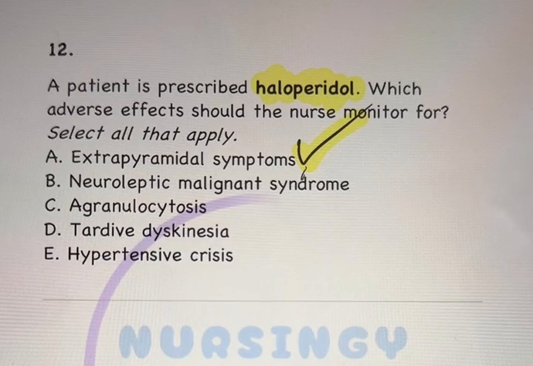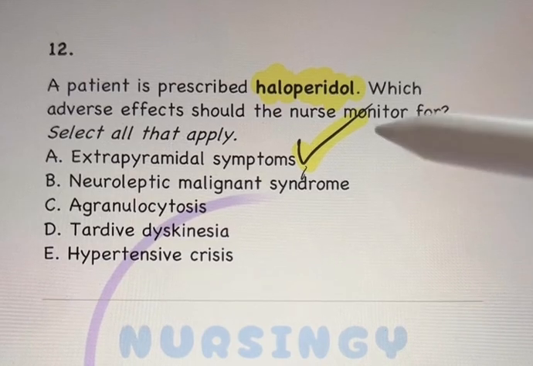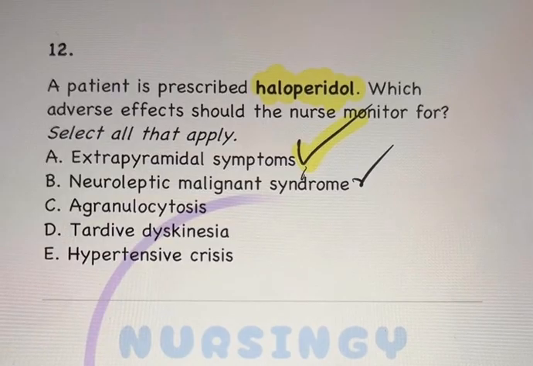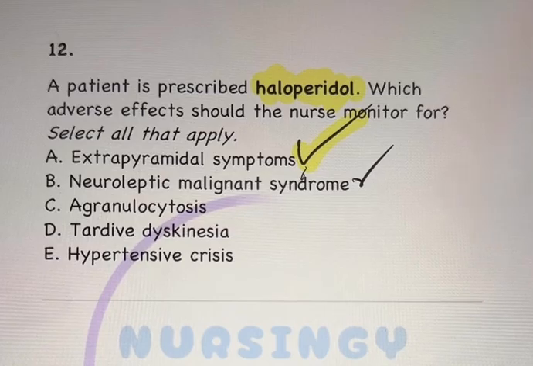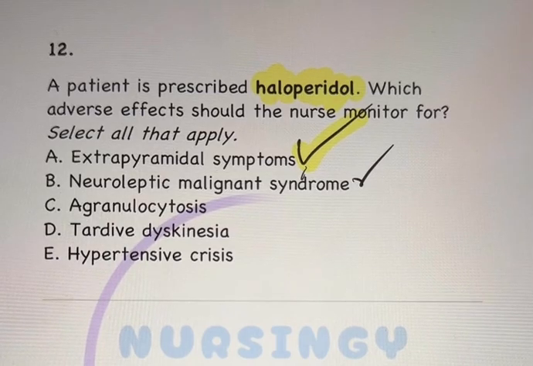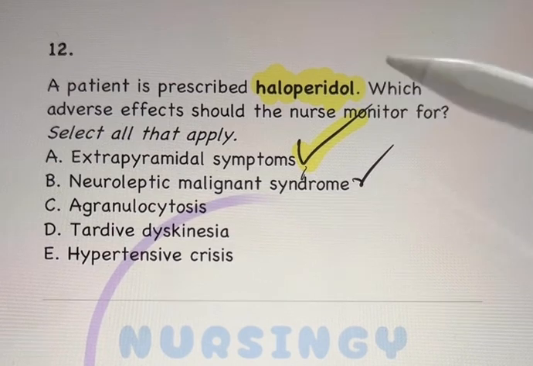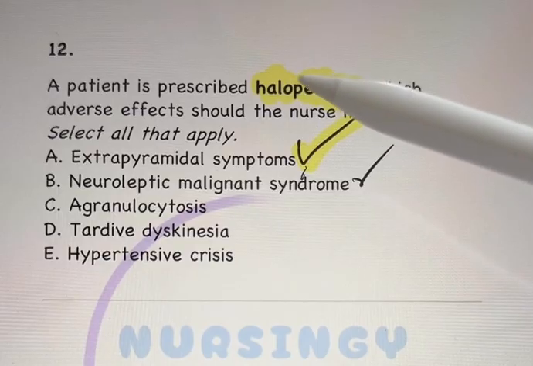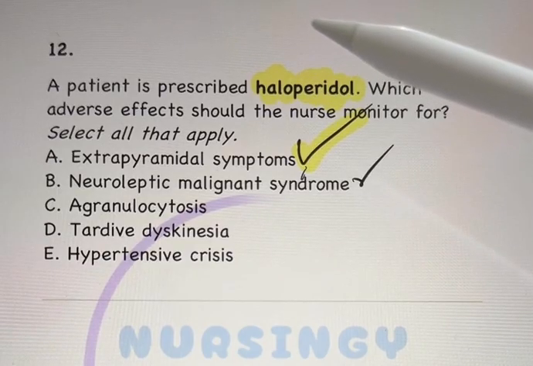Anyone? Muscle stiffness? Yes. Muscle rigidity is the main one, and hyperthermia, because we have too much calcium released from the internal stores. Calcium stabilizes the membranes, so now it's too stabilized, causing muscle rigidity and hyperthermia.